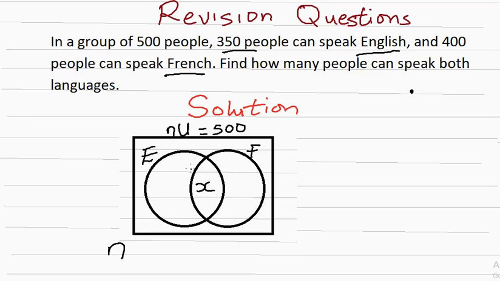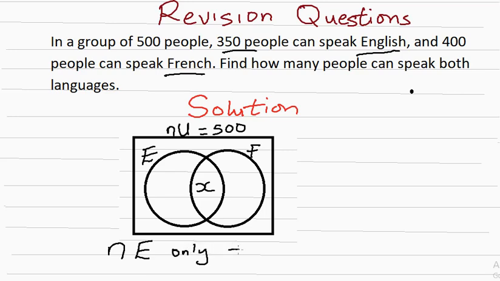That means inside the people that speak English, you still have some that speak both English and French. That is what is known as the intersection. So for us to get the number of persons that speak English only, let me just put only.